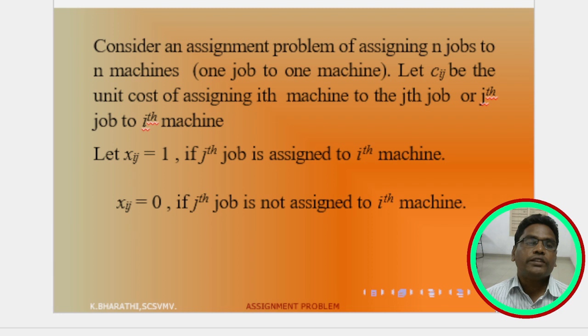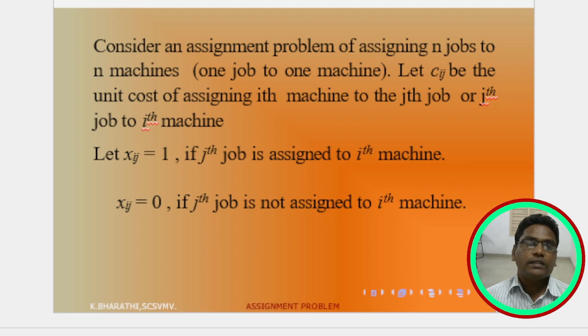Mathematical formulation of an assignment problem. Consider an assignment problem of assigning n jobs to n missions, one job to one mission. Let Cij be the unit cost of assigning the ith mission to the jth job or the jth job to the ith mission.